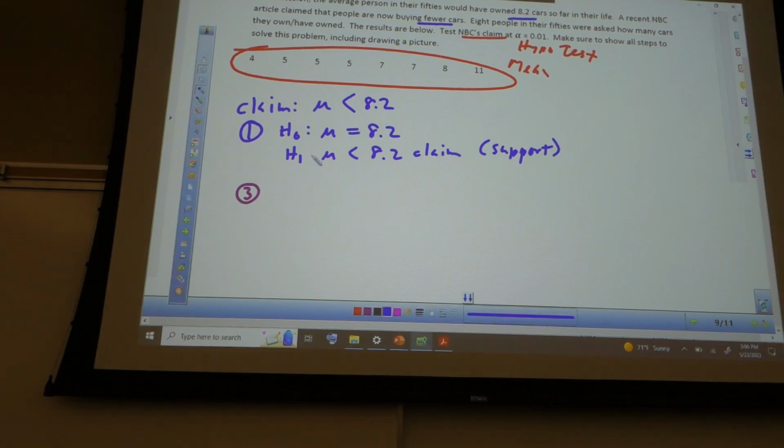All right, so then step 3, it's a mean, so it should start with T. It's a test, so it should end with test. T-test of my H naught should come straight from my claim. 8.2, comma, my, comma, list 1, because you put this into a list, comma, then less than.